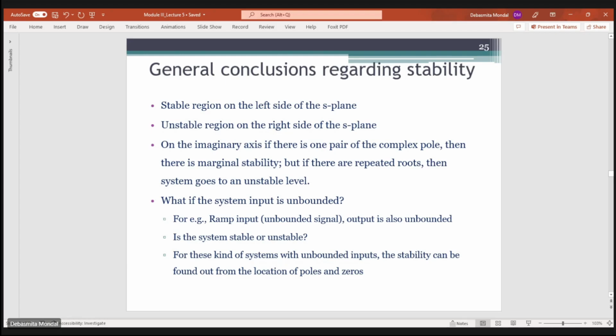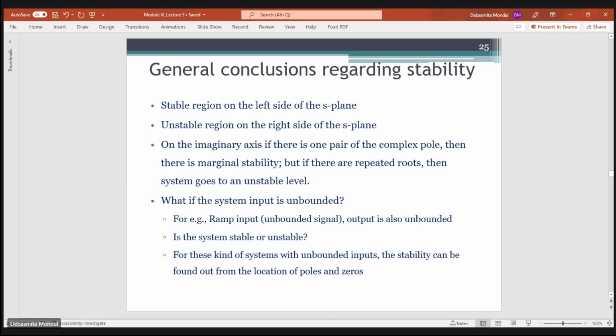As of now we have only talked about the case where, if you have a bounded input to your system and you get a bounded output, then the system is stable. But what if the input itself is unbounded? If you take an example of a ramp input or a parabolic input, the ramp input itself is an unbounded signal because it is increasing with time.